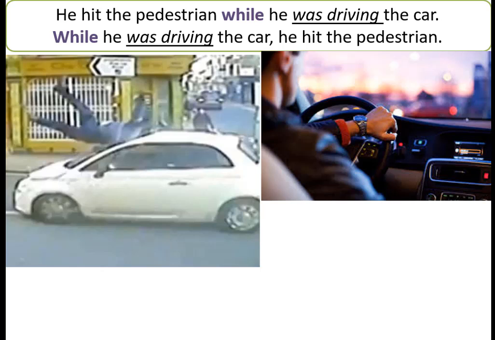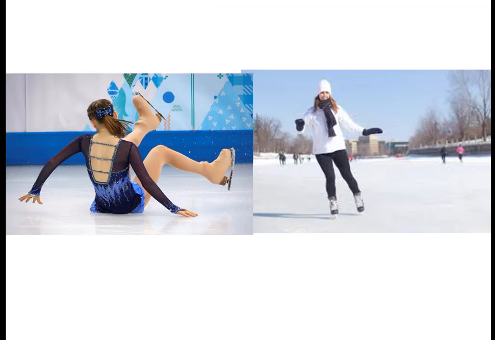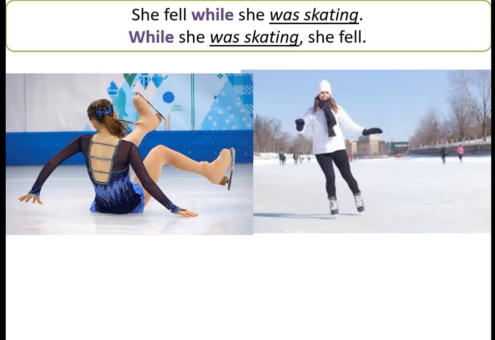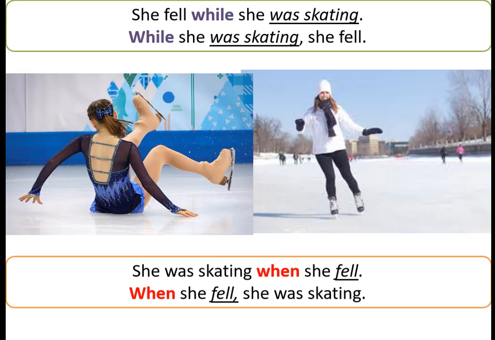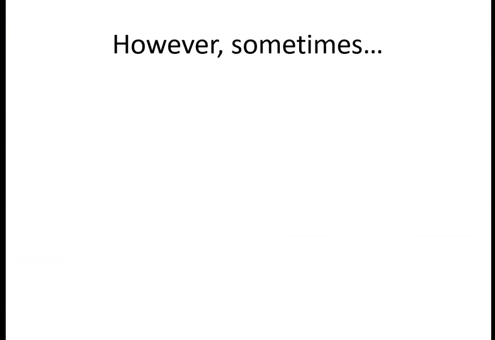While he was driving the car, he hit the pedestrian. He was driving the car when he hit the pedestrian. When he hit the pedestrian, he was driving the car. She fell while she was skating. While she was skating, she fell. Or she was skating when she fell. Or when she fell, she was skating.